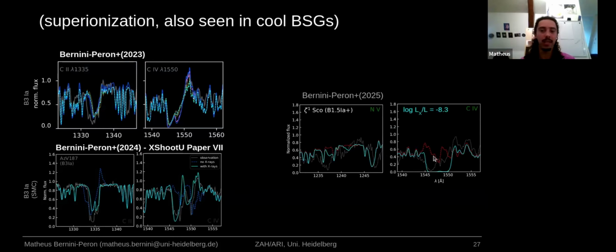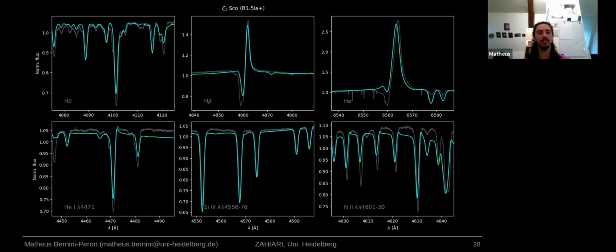Of course, it behaves in a different way because B-hypergiants are not exactly B supergiants when you really look into their atmosphere. They have much higher mass-loss rates and wind density, but it's interesting that this effect is right there as well. So closing this parenthesis, we can go to the optical regime, where our model is also reproducing most of the lines and profiles.